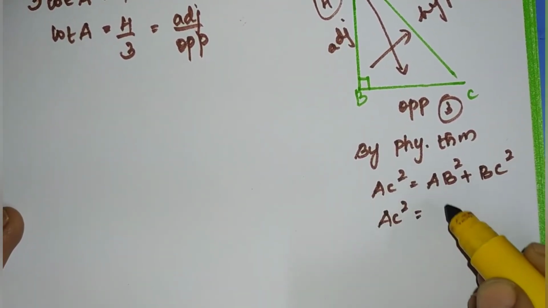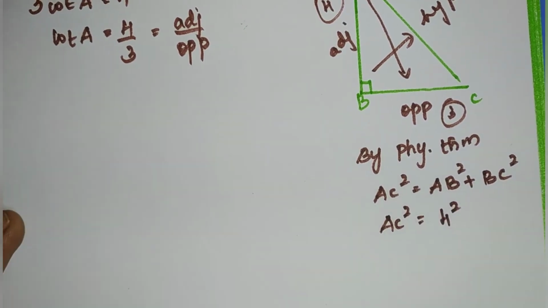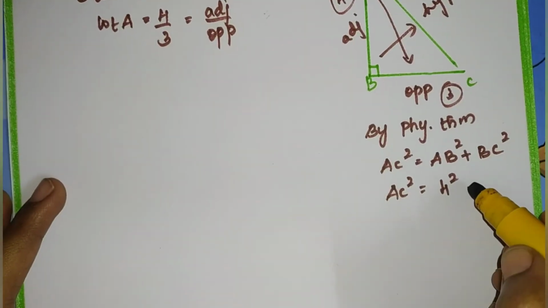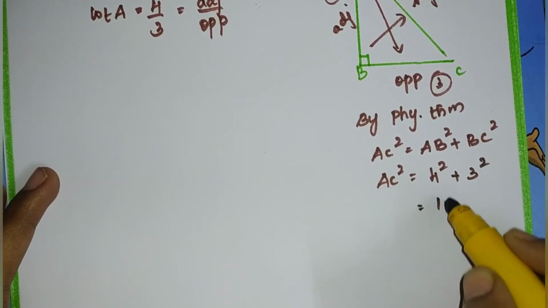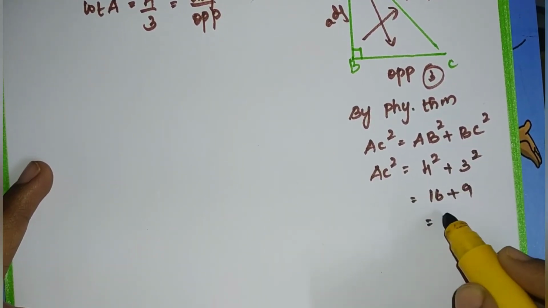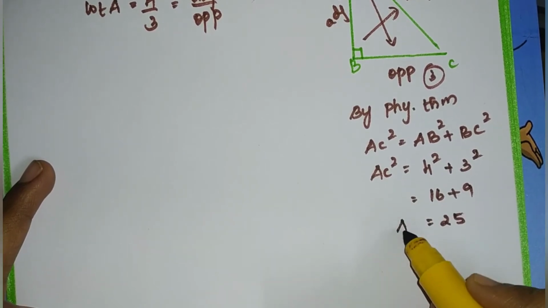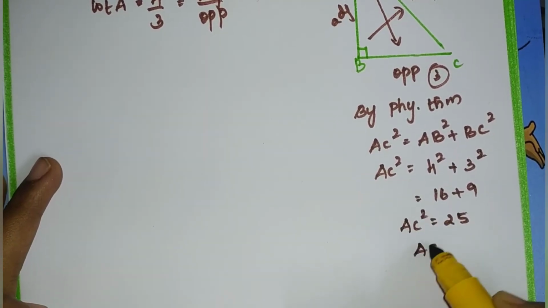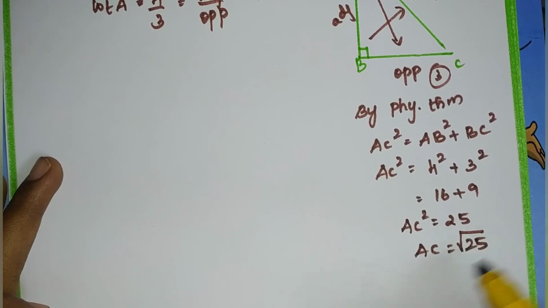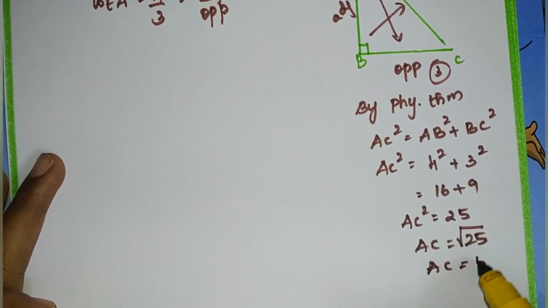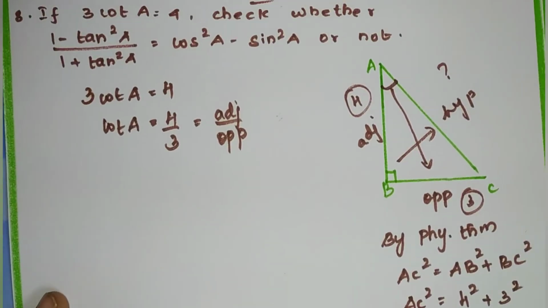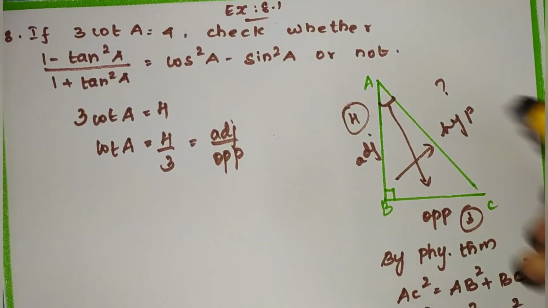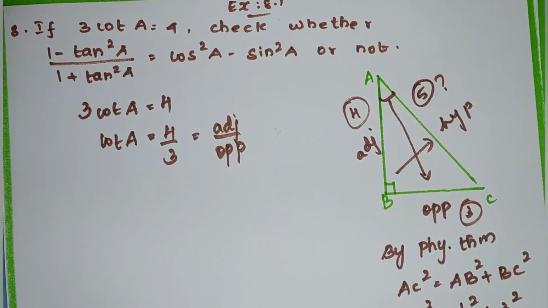AC square is equal to 4 square plus 3 square. 16 plus 9 is 25. AC is equal to root 25. AC is equal to 5. Clear? So, hypotenuse is 5.